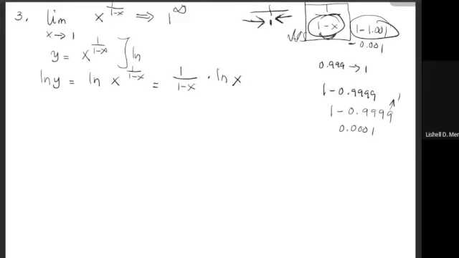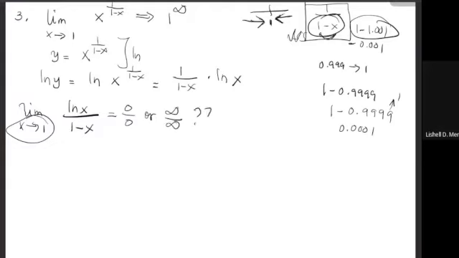And so we can rewrite our new expression into ln of x divided by 1 minus x. Verify if it is 0. Is this 0 over 0 or infinity over infinity? Infinity over infinity.